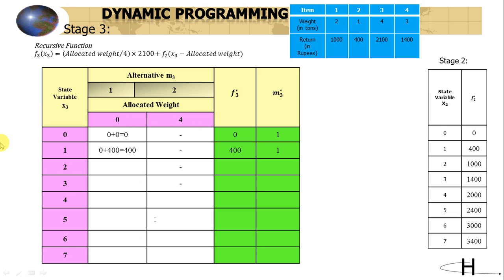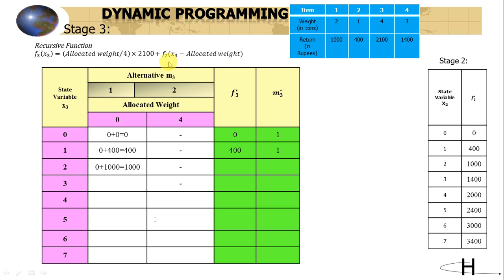So when we take x3 equal to 2, the recursive function value will be allocated weight 0 divided by 4 multiplied by 2100, so it will be 0.